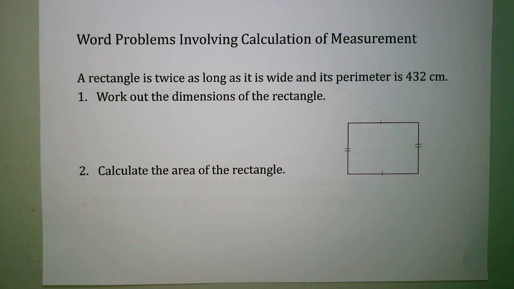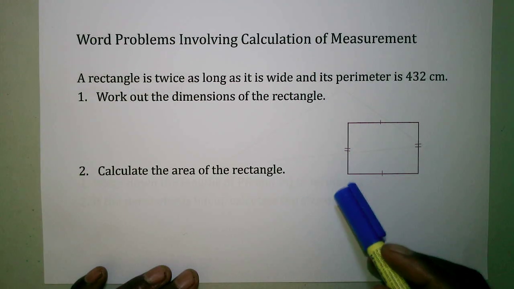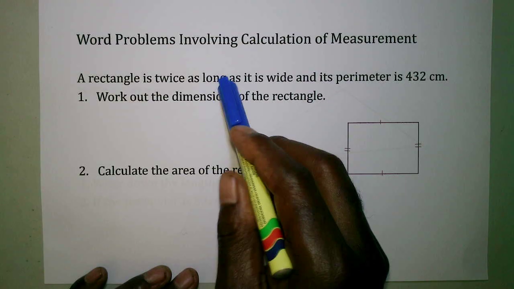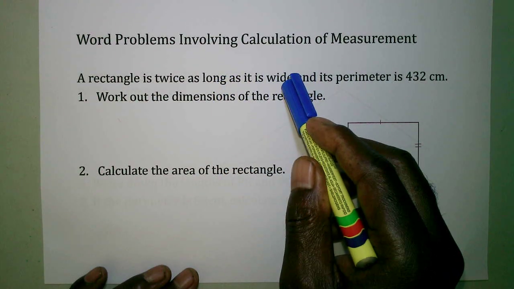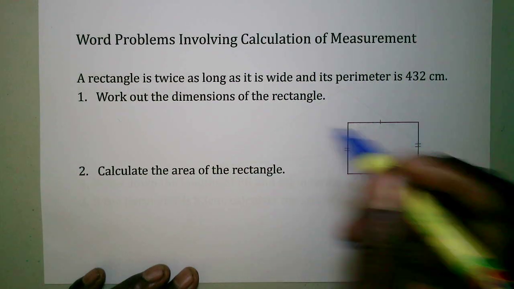Now here's a problem. A rectangle is twice as long as it is wide, and its perimeter is 400.